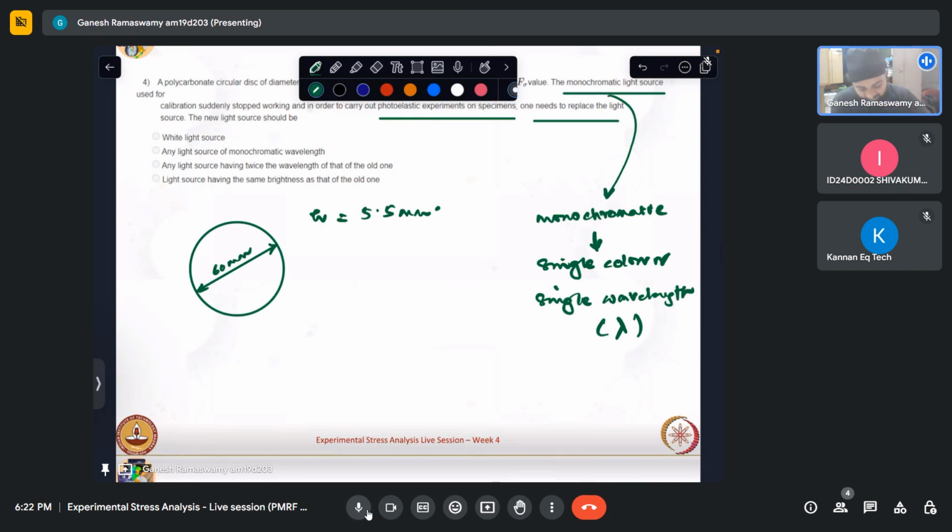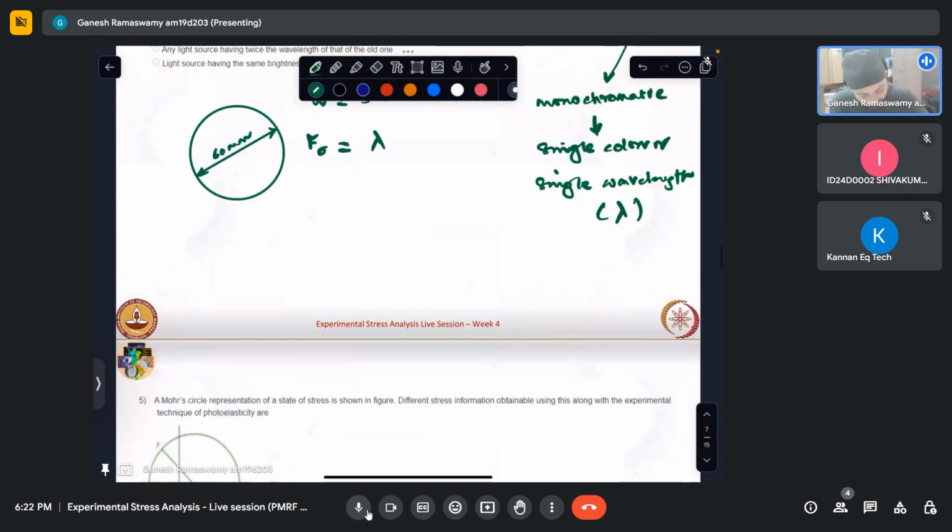So at best, if we use another light source of another monochromatic wavelength, let us say, so in a linear relationship, we know that F sigma is lambda by C. In such a case, F sigma 1 by lambda 1 is F sigma 2 by lambda 2.